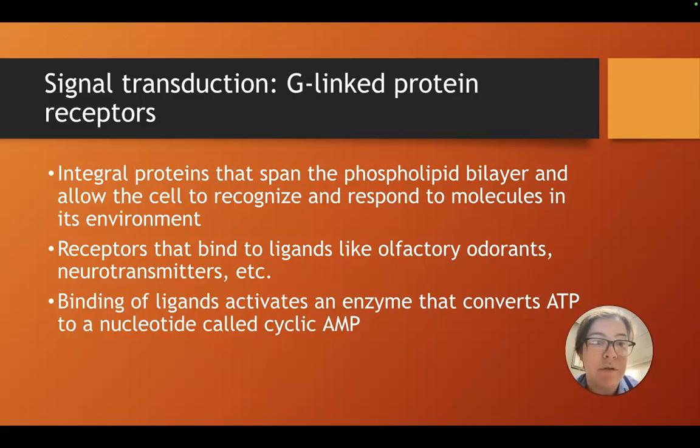Now, these G-linked protein receptors are integral proteins, which we talked about in Chapter 3, and these proteins span the phospholipid bilayer, and they have a couple of different functions. So they allow the cell to recognize and respond to molecules in their environment.